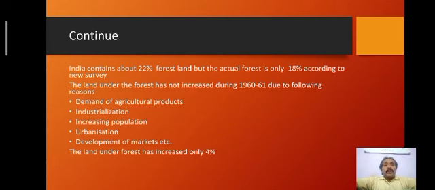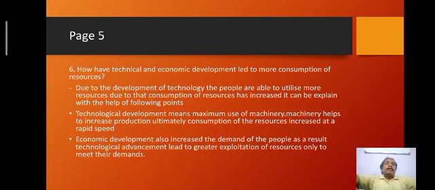So from 1960-61 till now, the forest area has increased only up to 4%. Is it clear? Now come to the next question. How have technical and economic development led to more consumption of resources?